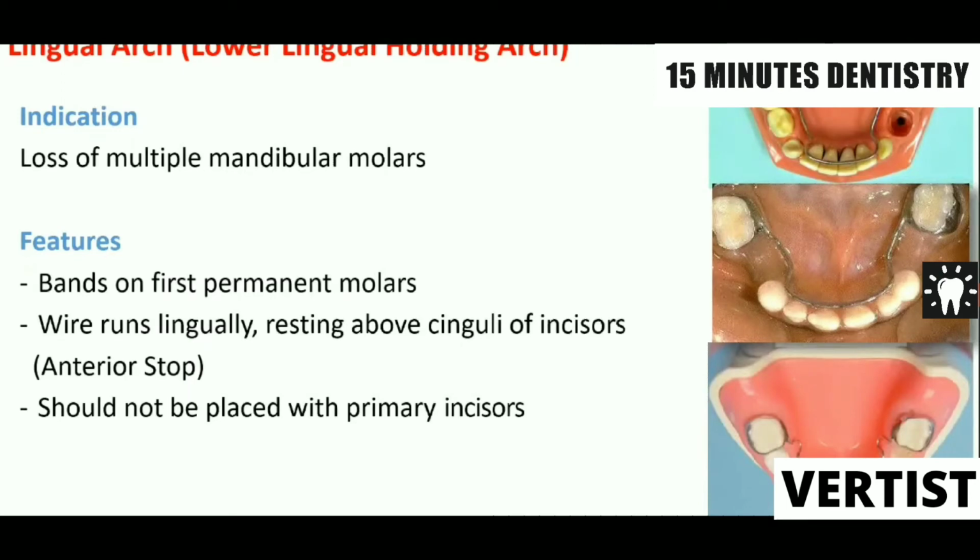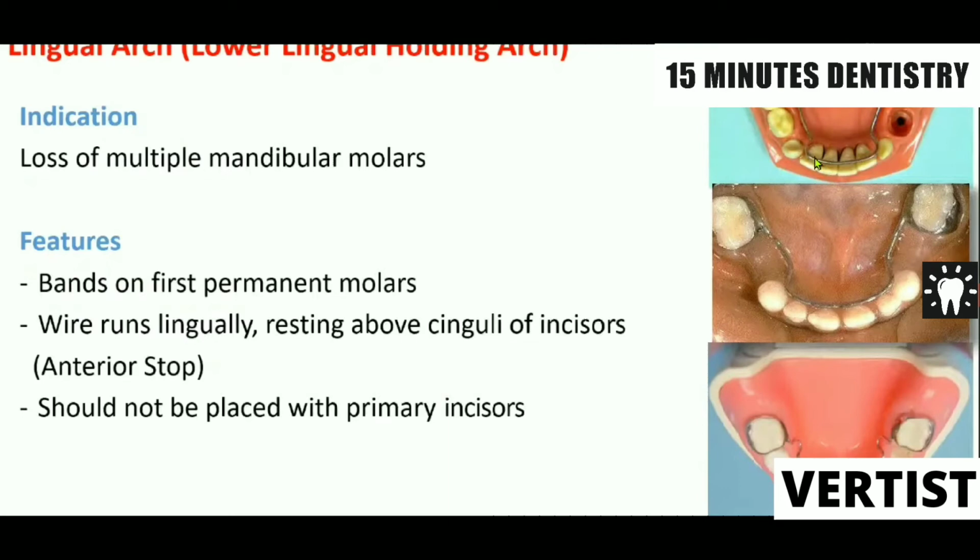This is used when multiple teeth have been lost, either unilateral loss of multiple teeth or bilateral loss of multiple teeth in the mandibular arch. In this space maintenance, the bands are placed on the last molar and the wire runs on the permanent central incisor just above the cingulum.